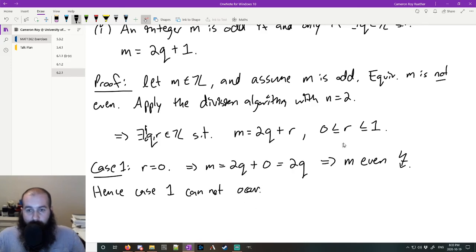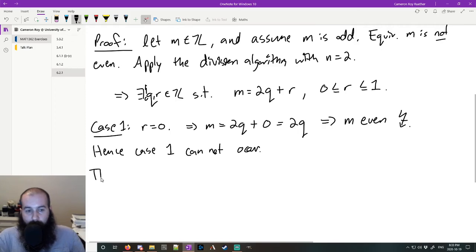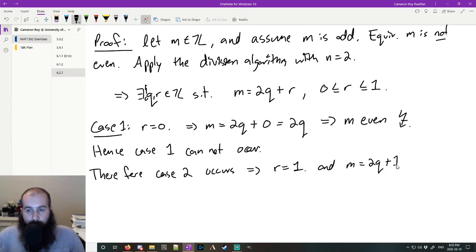Since case 1 does not occur, there's only one other option. Therefore, case 2 occurs. This means that r is equal to 1, and m is equal to 2q plus 1, which is exactly what we wanted.